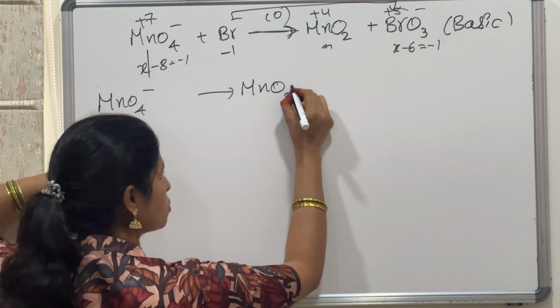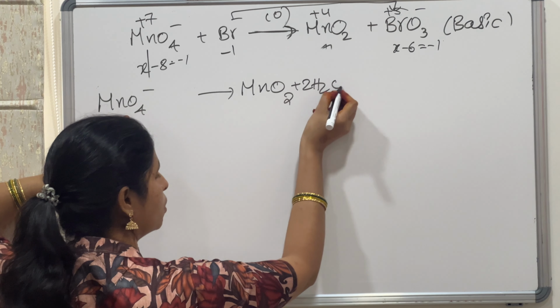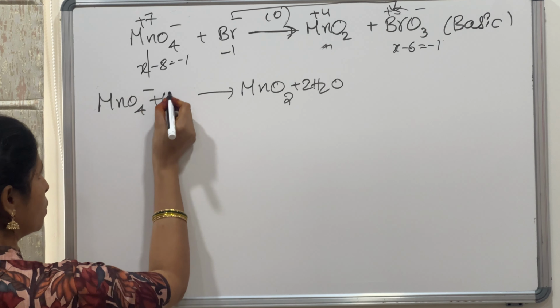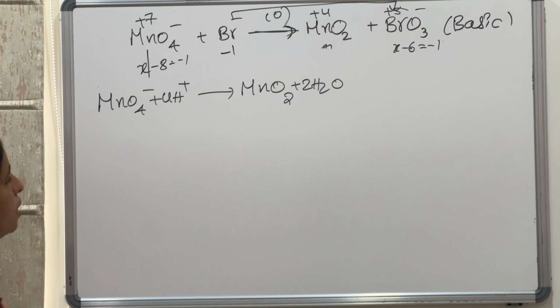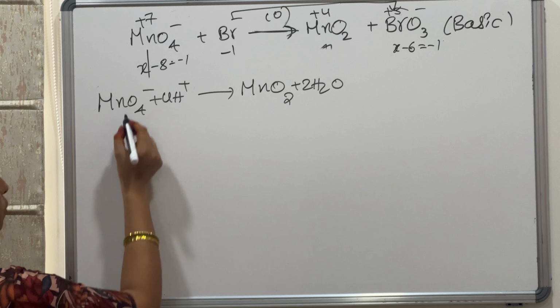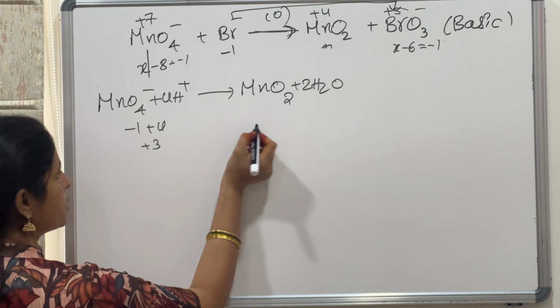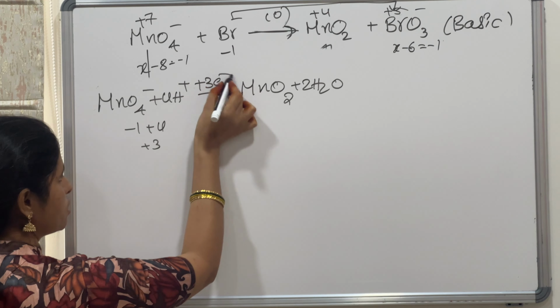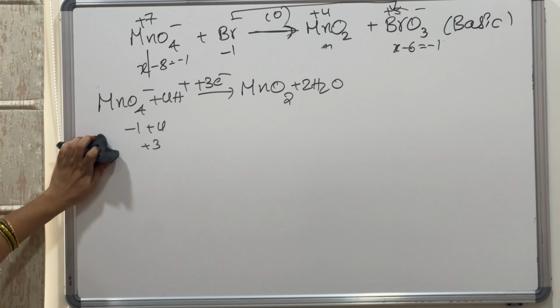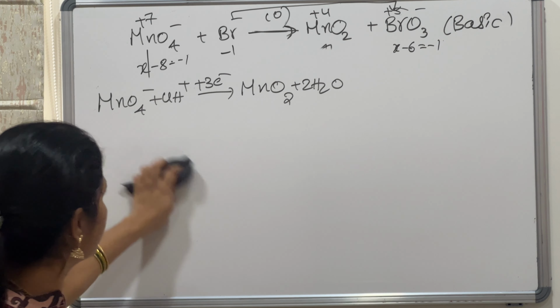For oxygen, 2H2O, so 2 2s are 4 H plus ions. Balance the charge: minus 1 plus 4 is plus 3 on this side, 0 on this side. So if you add 3 electrons, then the overall charge will be balanced.